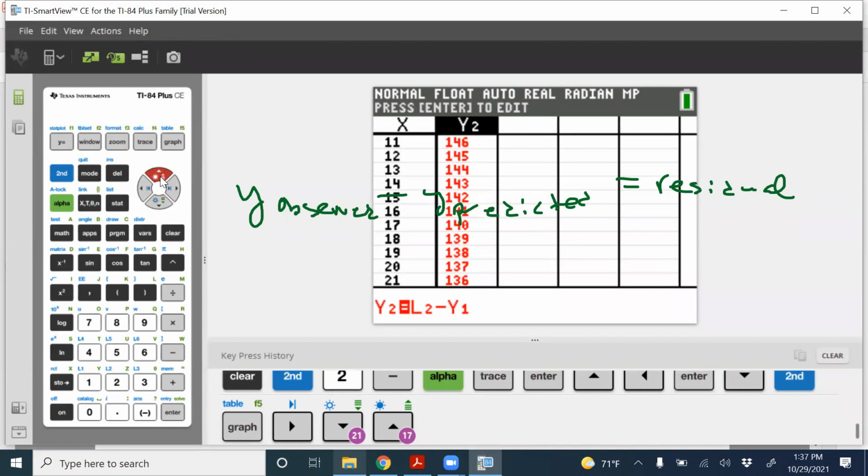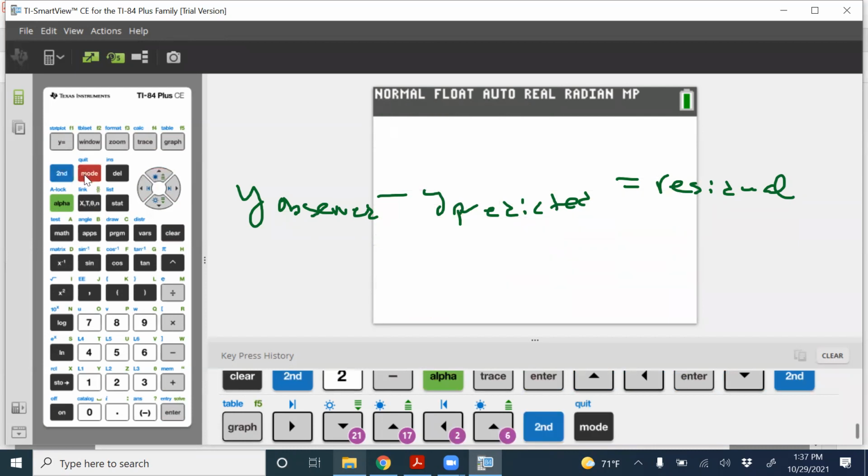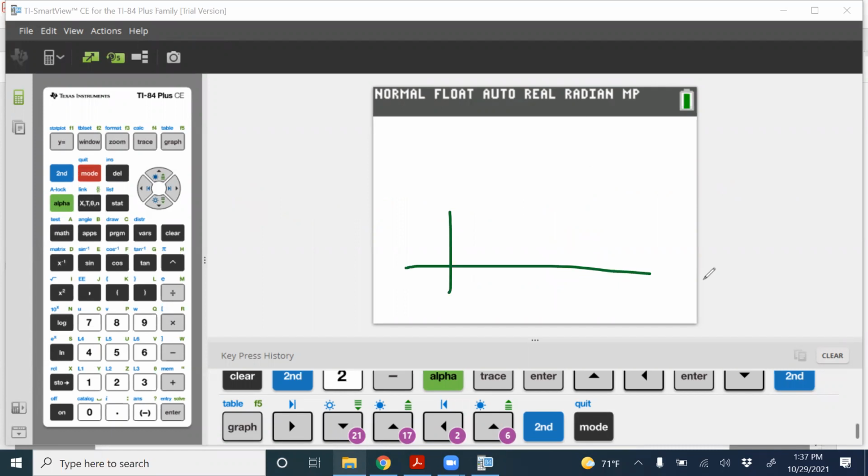For different x values. So are those the predicted values? That's the observed minus from the equation we had. Or you could just kind of calculate by hand. And then what you do is that when you graph the residual, any residuals above the x-axis goes here, anything that goes below goes there. And you basically do it for x from 0 to 20.